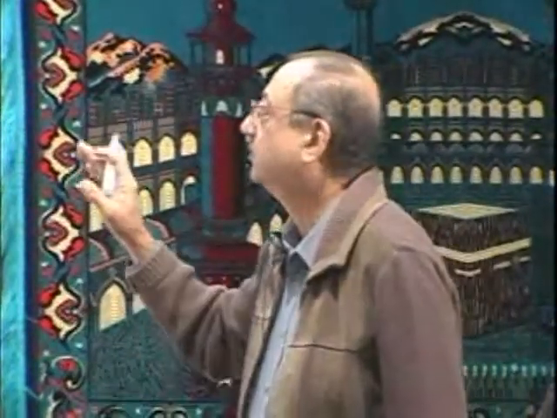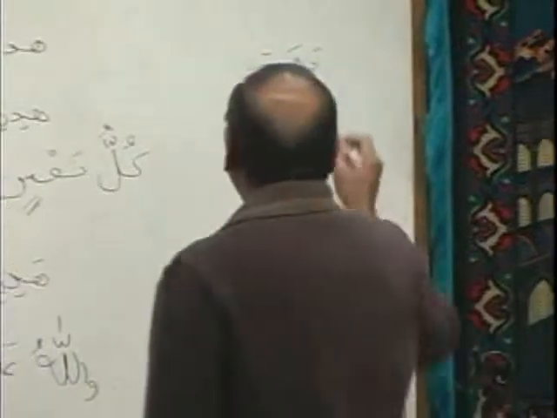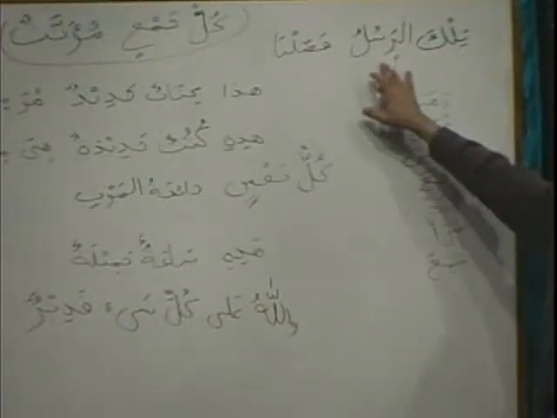So here is an example of kullu jama'in mu'annas. Another example, this is very famous; we will be doing it in detail, inshallah. Let us go one step further. What is tilka? Mubtada. Ar-rusulu is badal.